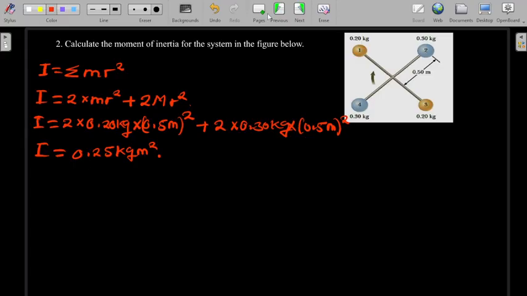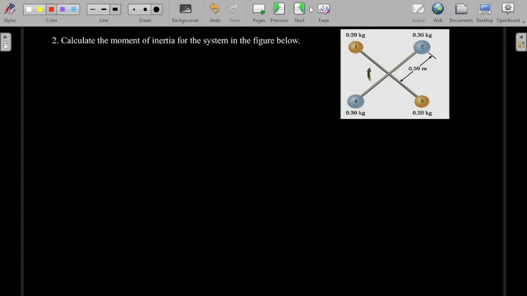Then the other way in which we can find the moment of inertia, since the radius is the same for pin 1, 2, 3 and 4, is this: the moment of inertia should be equal to, since the radius is the same, you first add all the masses, the mass for pin 1, pin 2, 3 and 4.